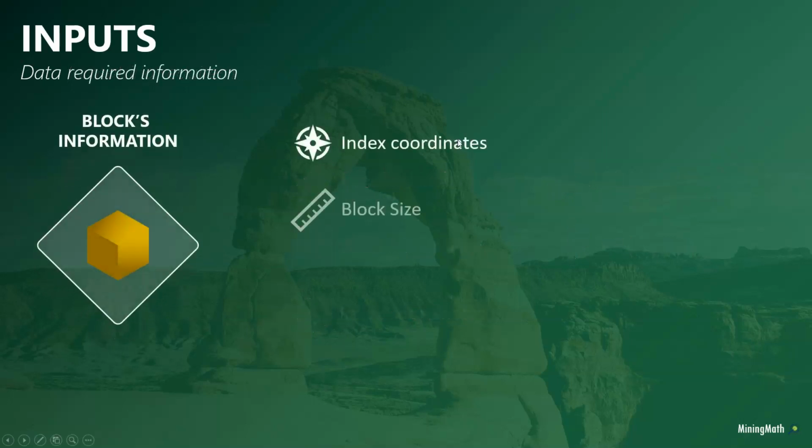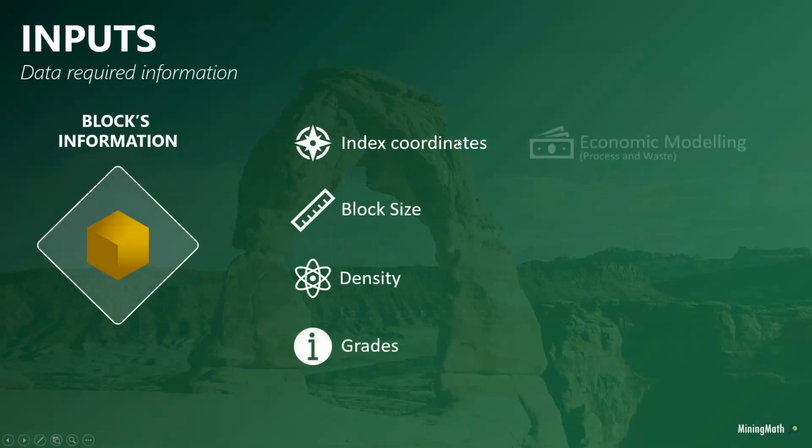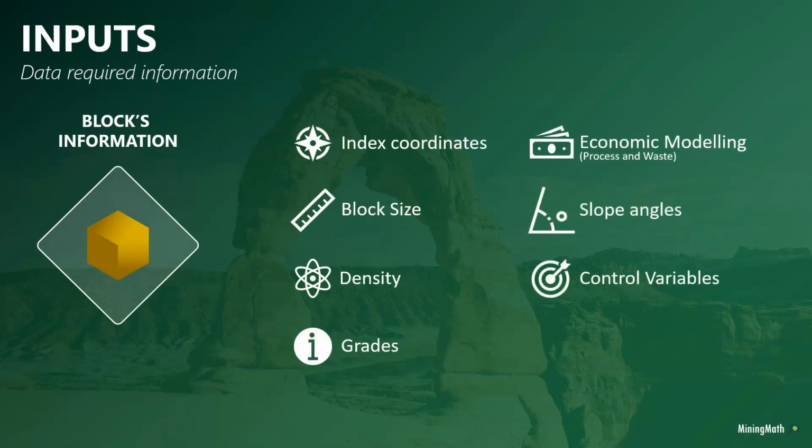In terms of required information inside the block model, each block should have the following information: the index coordinates. The block size is not necessarily required to be inside the model, but it should be informed on the interface. Densities, grades, for however many grades you are working with.